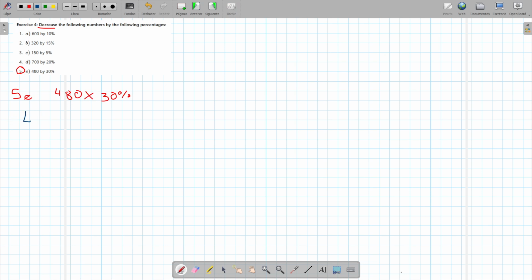I do the multiplication, as you know, 0.30. 3 times 0, here I am forgetting the invisible 0. 3 times 0 is going to be 0, 3 times 8, it will be 24, I have plus 2, 3 times 4 is going to be 12 plus 2, 14. It's going to be 14.